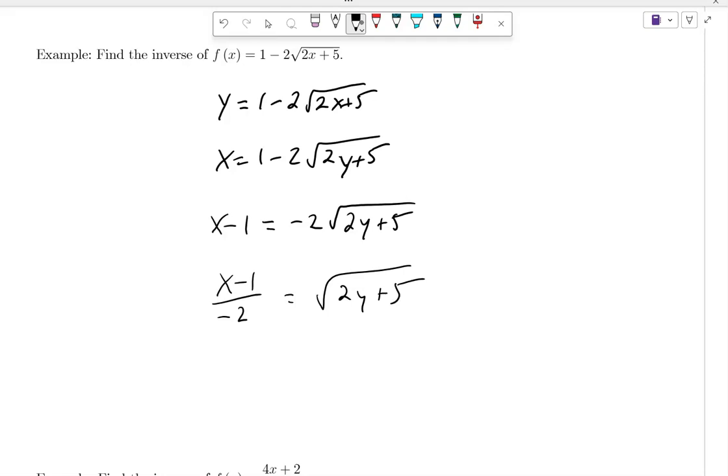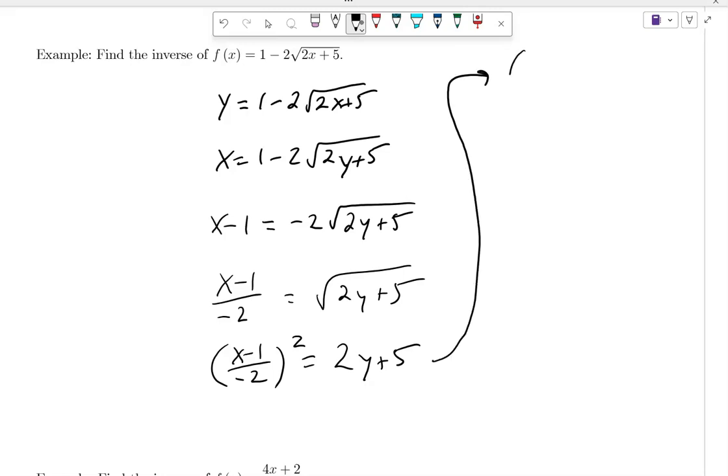I get that. Then what? Square both sides. Good. And then? Minus 5. Yeah, subtract your 5.